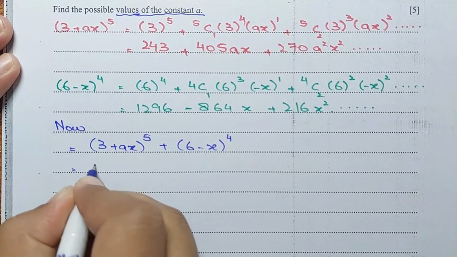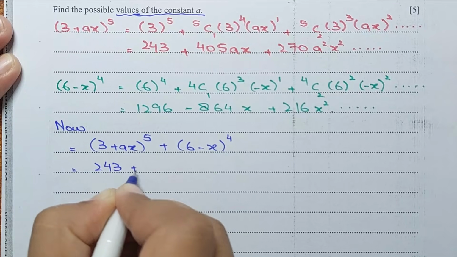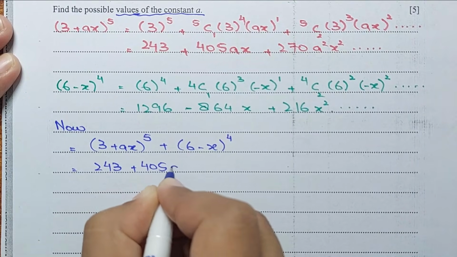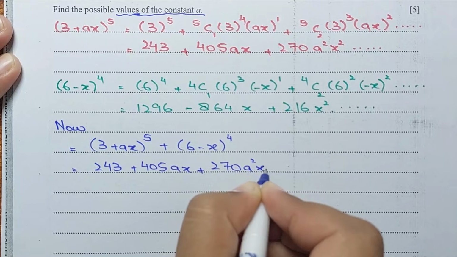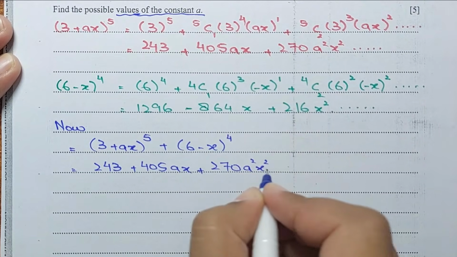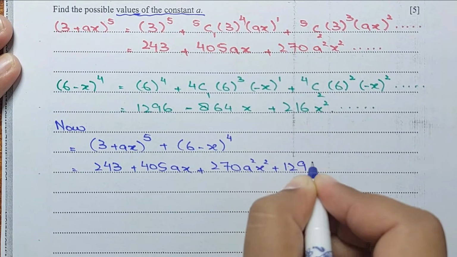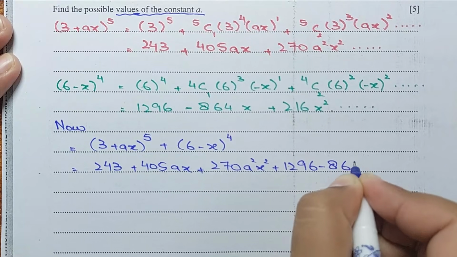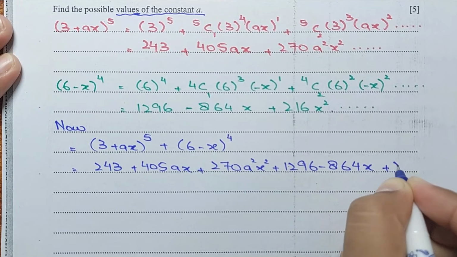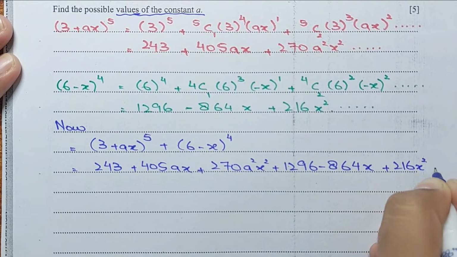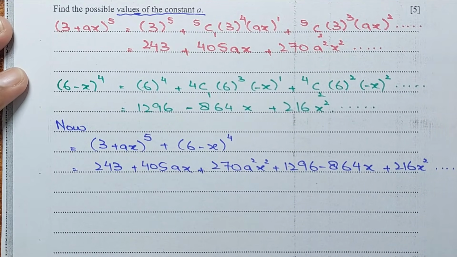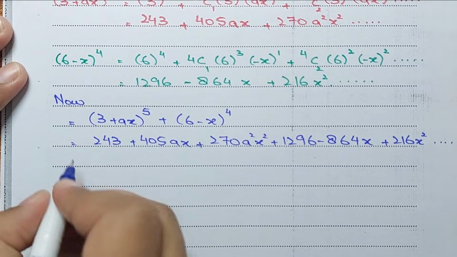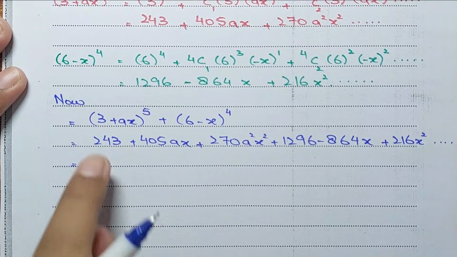Okay, now this is 243 plus 405ax plus 270a square x square plus, with this term, 1296 minus 864x plus 216x square and so on. Okay, we just need the coefficient of x and the coefficient of x square. So let me just simplify the terms.